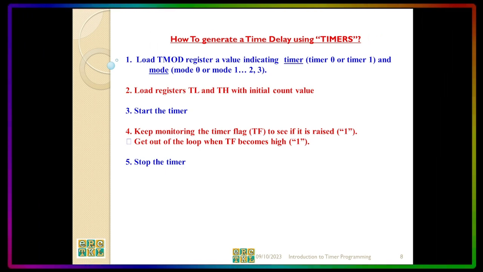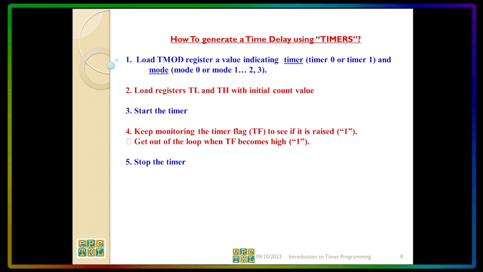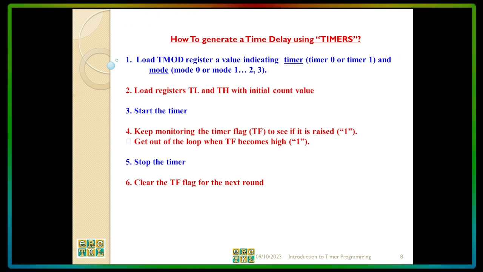And number 5, we will stop the timer only after step number 4, which is when we get out of the loop when TF becomes high. So we stop the timer, and of course we have to clear the TF flag for the next round. In other words, when we roll over, the TF becomes 1.